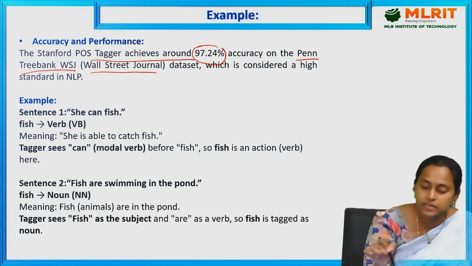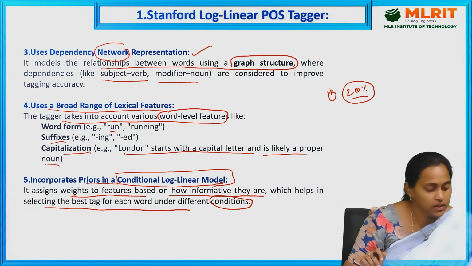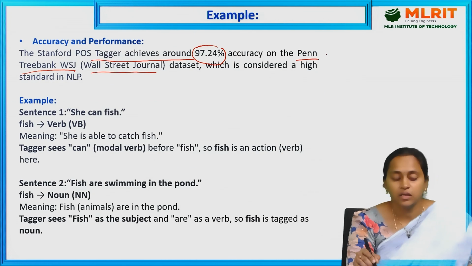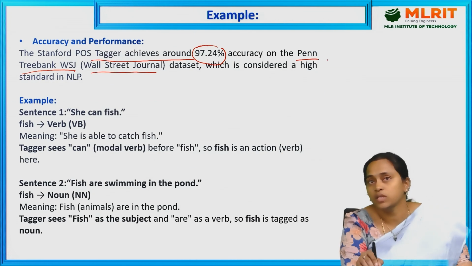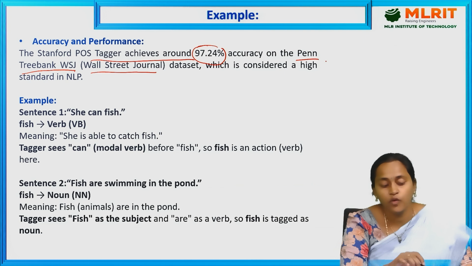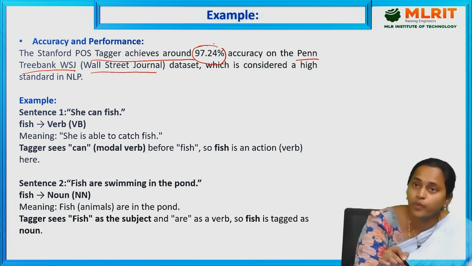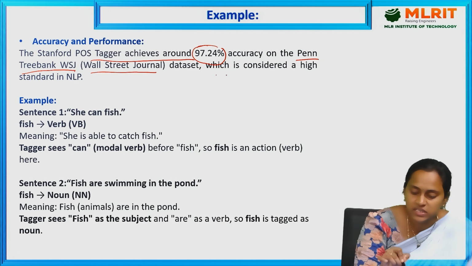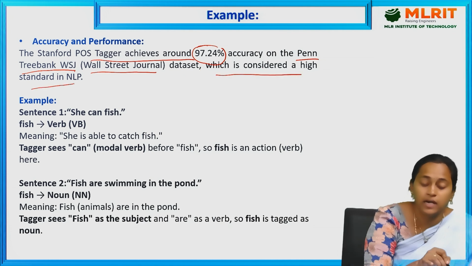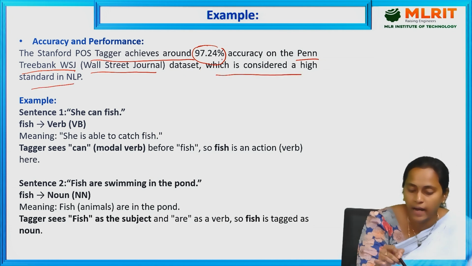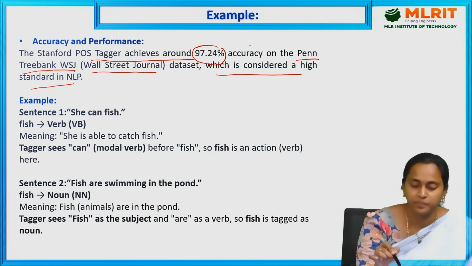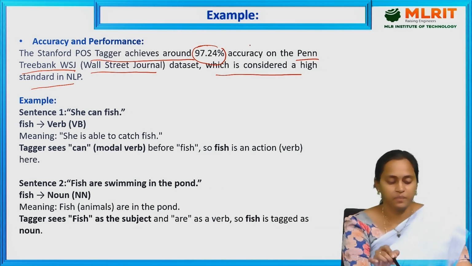This is a data set name that was used with the Stanford POS tagger tool. They achieve 97.24%, which is considered a high standard, the highest standard for POS tagger tools in NLP.